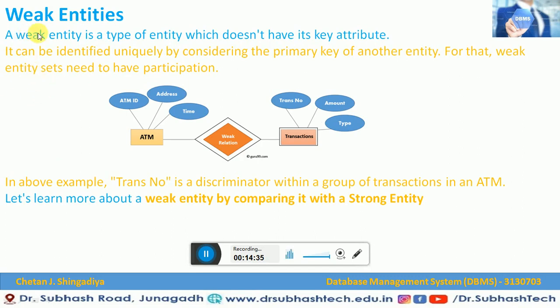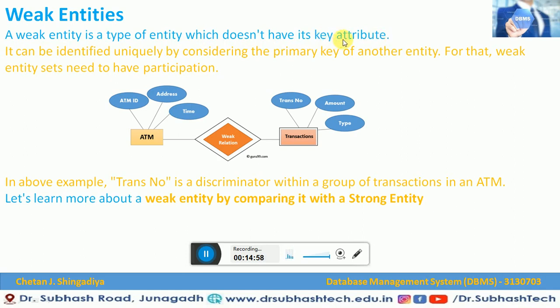Now let me explain what are weak entities in an ER diagram. A weak entity is a type of entity which does not have its key attribute. This is a very important concept in ER diagram, that is weak entities. What is a weak entity? A weak entity is a type of entity which does not have its key attribute.